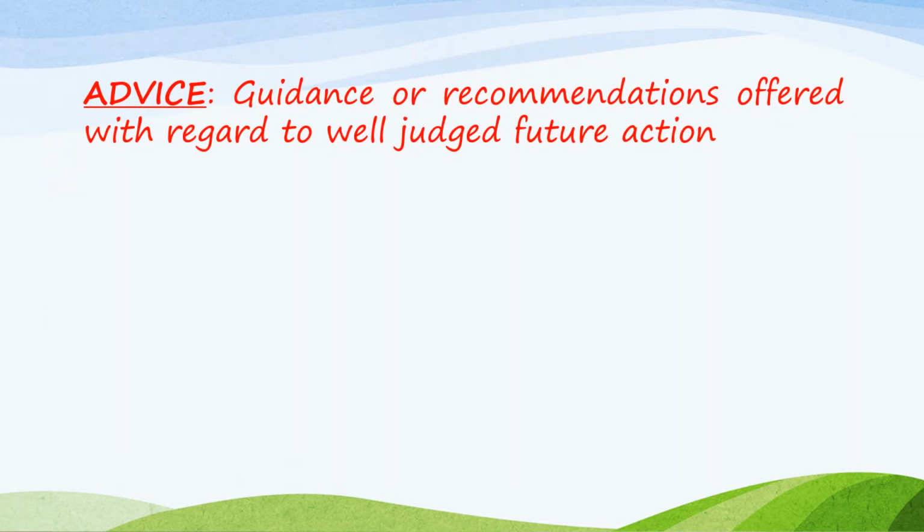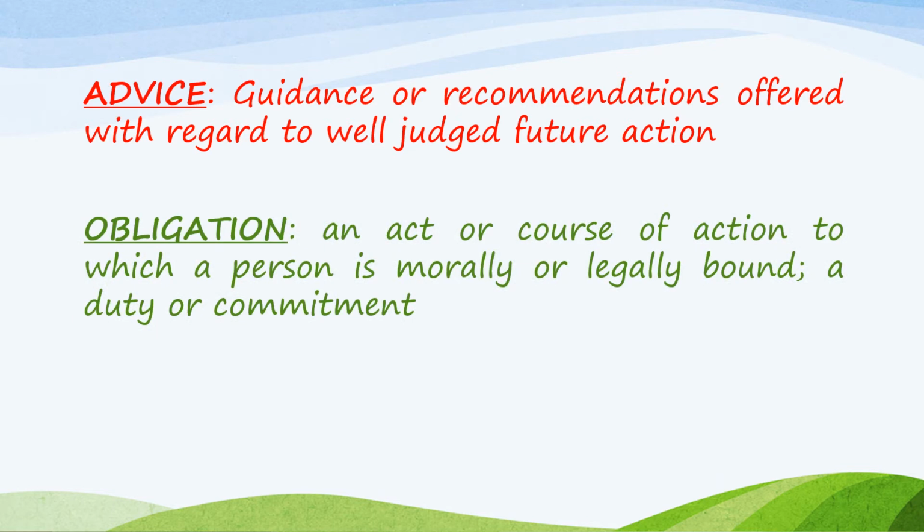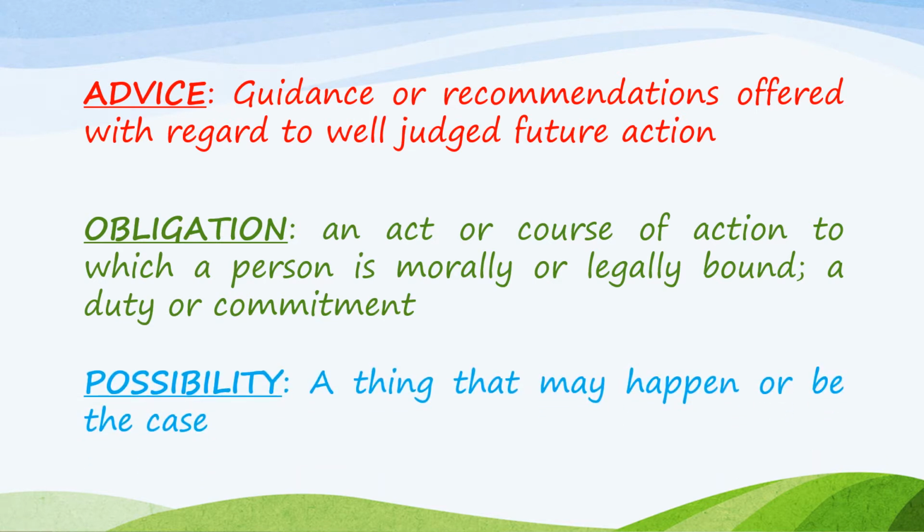Advice, guidance or recommendations offered with regard to well-judged future action. Obligation, an act or course of action to which a person is morally or legally bound, a duty or commitment. Possibility, a thing that may happen or be the case.